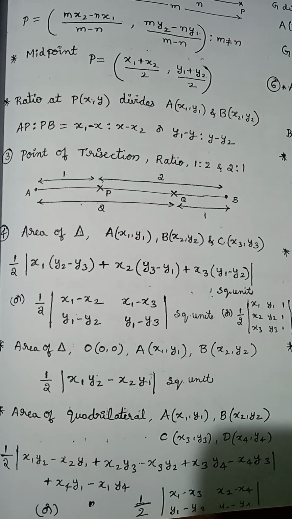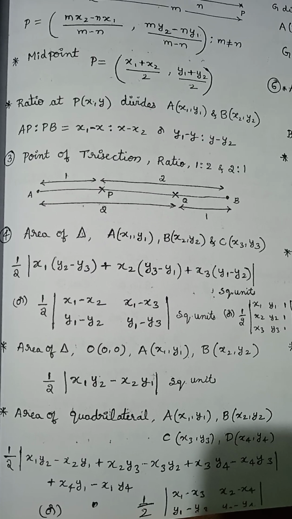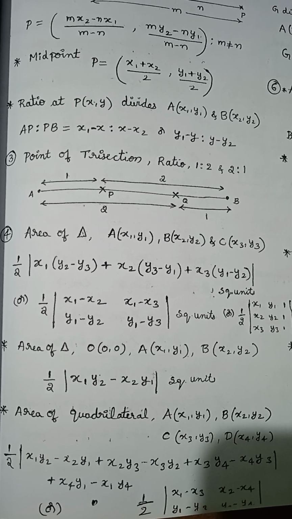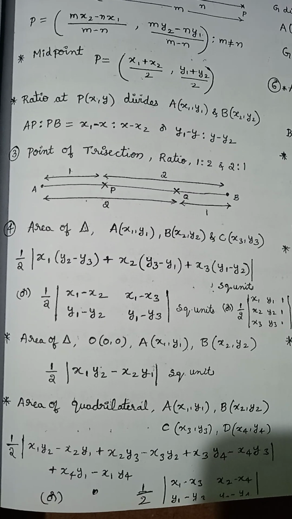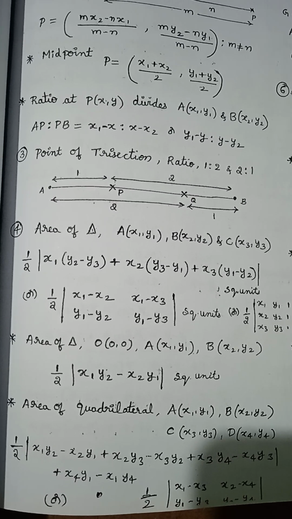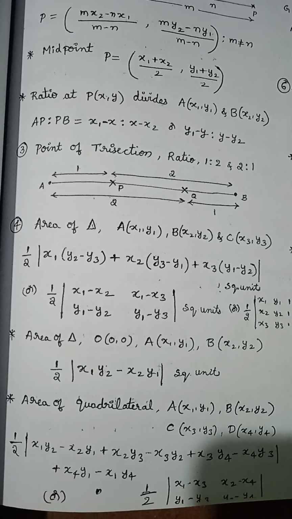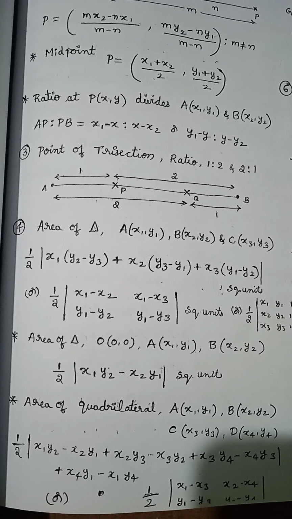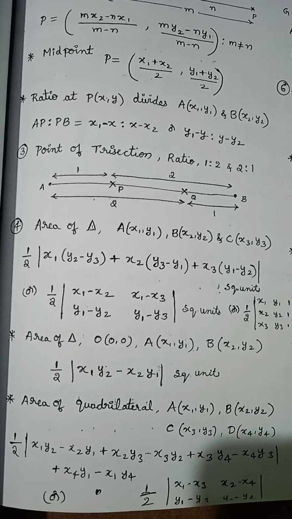Area of the triangle formed from the vertices A(x1, y1), B(x2, y2), C(x3, y3). Its area formula is half of [x1(y2 minus y3) plus x2(y3 minus y1) plus x3(y1 minus y2)].